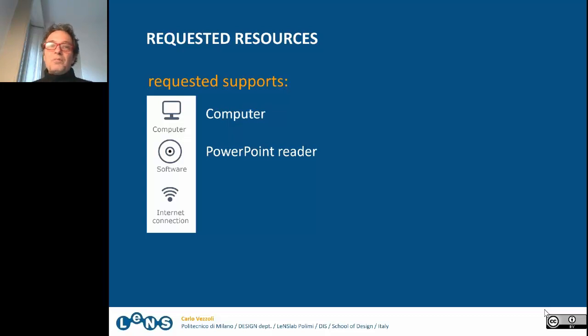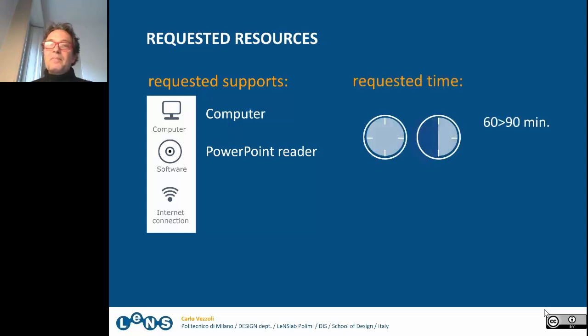What you need is a computer and a PowerPoint reader, because it's a PowerPoint-based system. Then it depends, but using a system map could take between 60 to 90 minutes, depending on the level of detail that you are going to give to the system map.